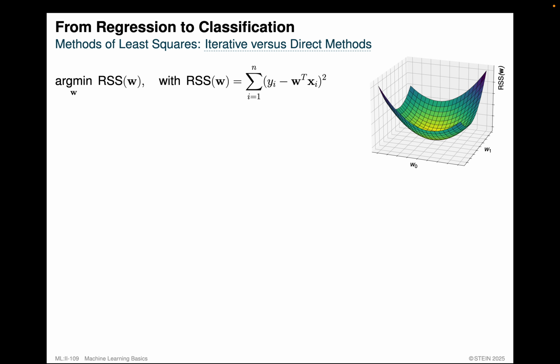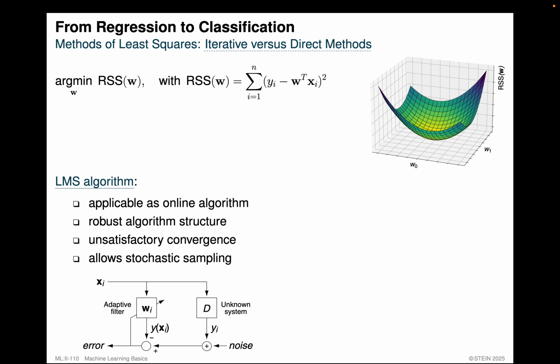Still, we want our functions, our error functions or loss functions as they are called, to still be differentiable and ideally also convex like this. So they are supposed to have minima in order for us to be able to do gradient descent. With the LMS algorithm that we saw earlier, this is also possible. We can do the same with the LMS algorithm.